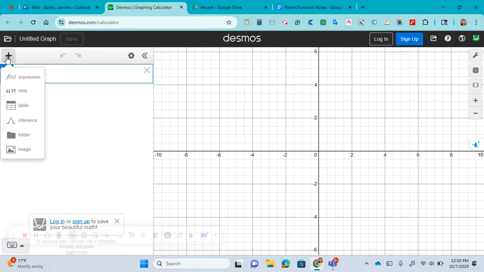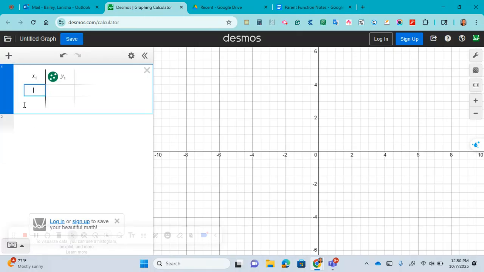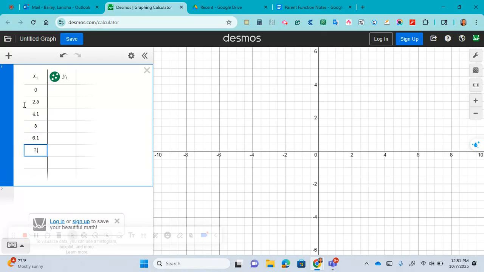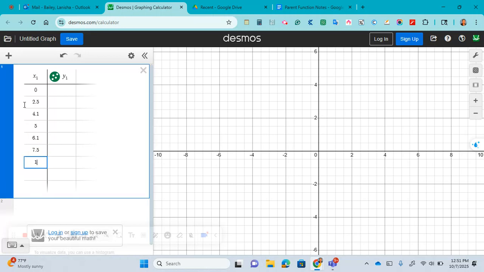So we go to table, we get our X's and our Y's. We got our X's at 0, 2.5, 4.1, 5, 6.1, 7.5, and 10.